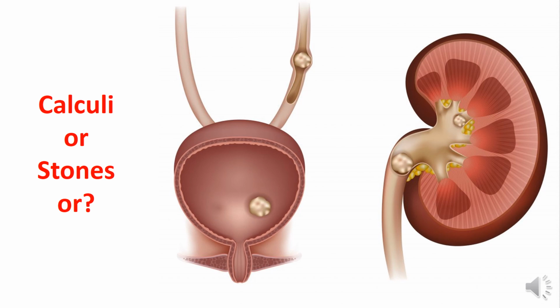Then, in medical practice, we use these terms so much. We use stones: renal stones, vesical stones, ureteric stones. Sometimes we say calculi, and sometimes we say different terms including lith.